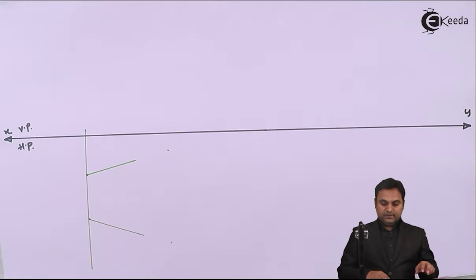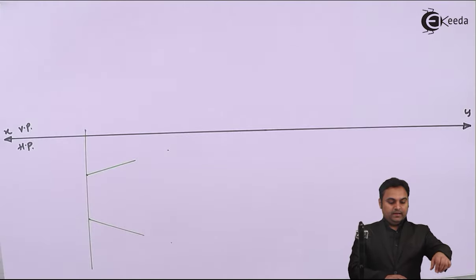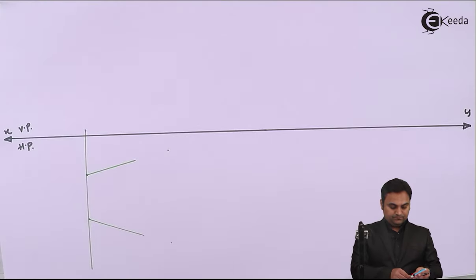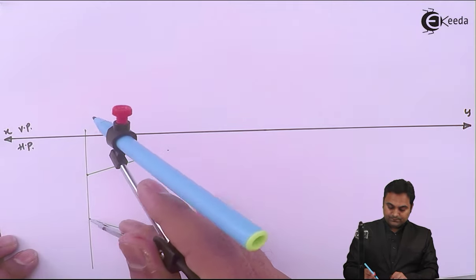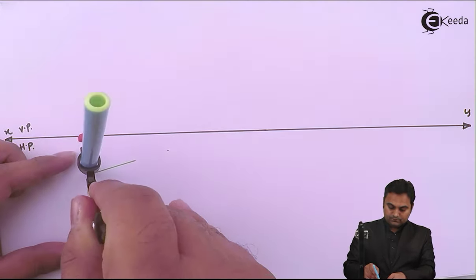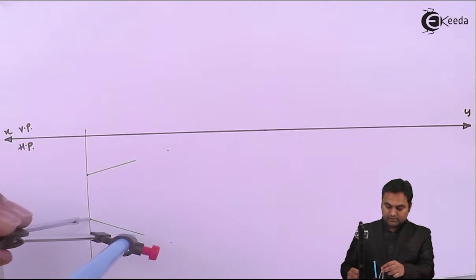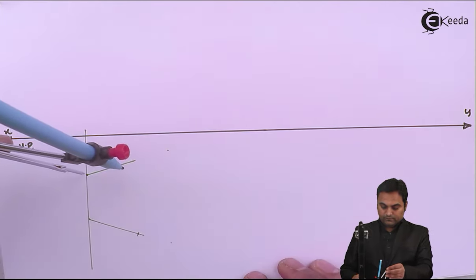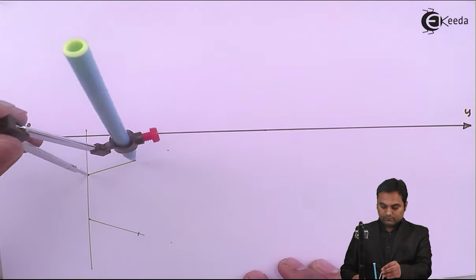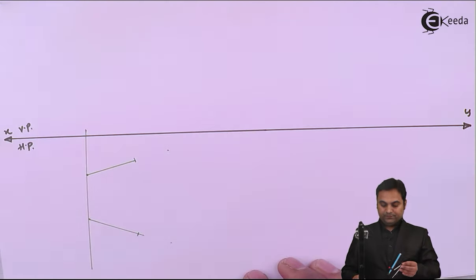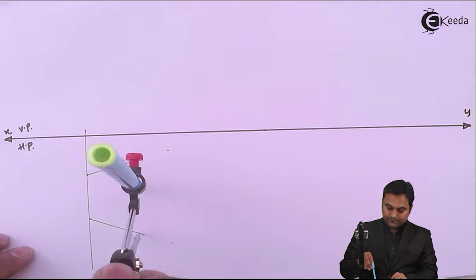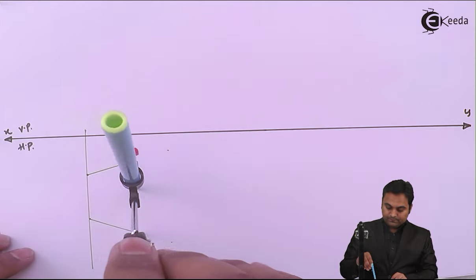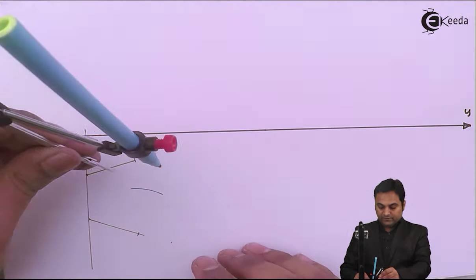Next, as the side is given as 30 mm, I'll measure that 30 mm into the compass and mark it over here. Similarly here. Next, keeping the same distance, I'll keep a point here and draw an arc from the other side as well.